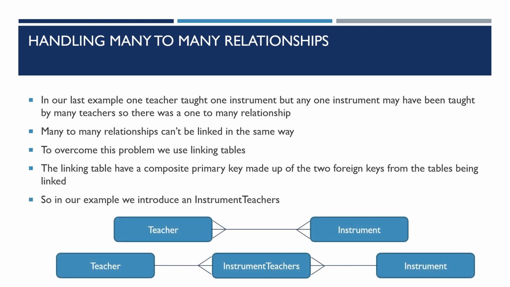So in our example, we introduce an instrument teachers table. Now, one teacher can appear many times in the instrument teachers table if they teach many instruments, and one instrument can appear many times in the table if there are many teachers of it. But we only have to implement one-to-many relationships, which we know how to do.